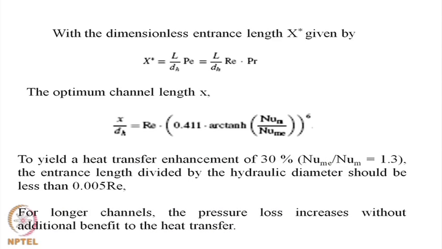This tells us precisely that in order to obtain X percentage of heat transfer enhancement, the entrance length X divided by the hydraulic diameter dH should be less than 0.005 times the Reynolds number. So, if you know your Reynolds number and the value of dH, then you know the entrance length needed to obtain a certain percentage of heat transfer enhancement.